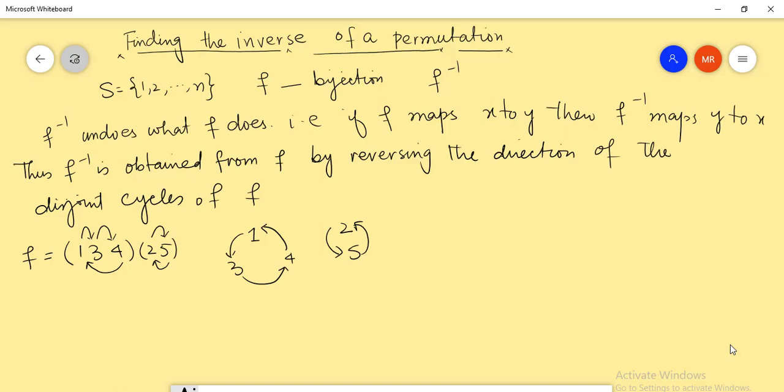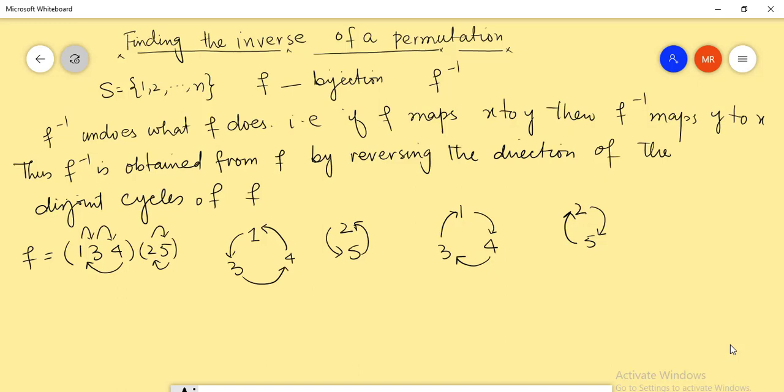To find the inverse of this permutation, we reverse the order. Hence, we have (1 3 4). So reversing the order means that 3 is mapped onto 1, 1 is mapped onto 4, 4 is mapped onto 3, and (2 5): 5 is mapped onto 2, and 2 is mapped onto 5.